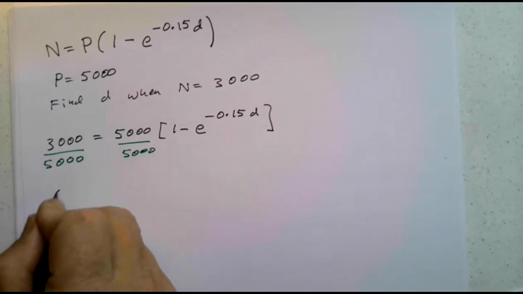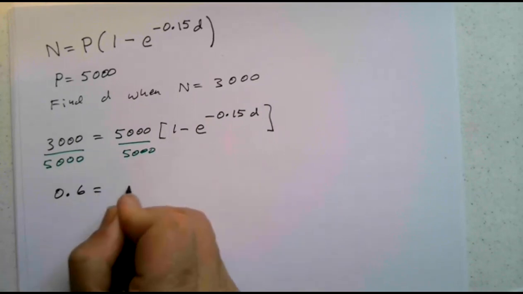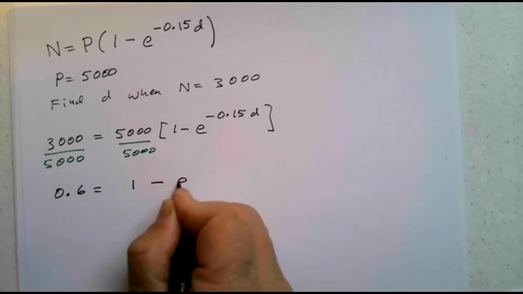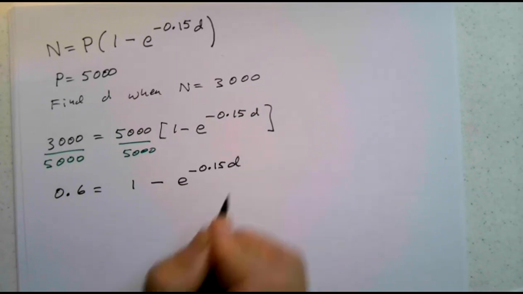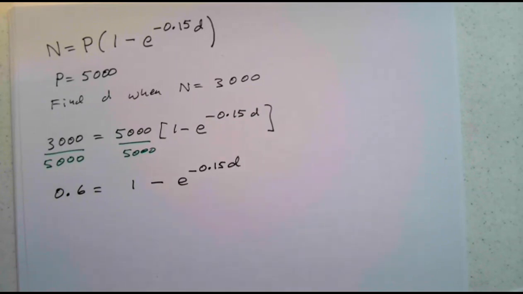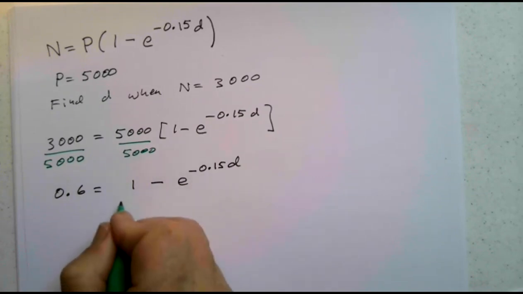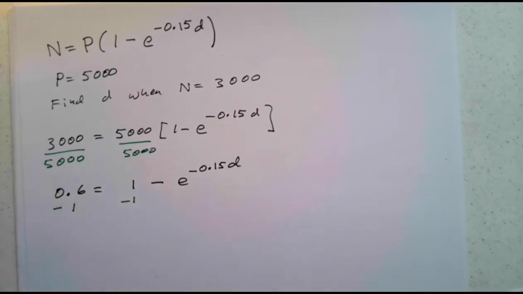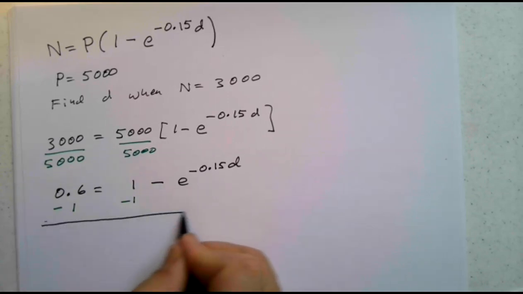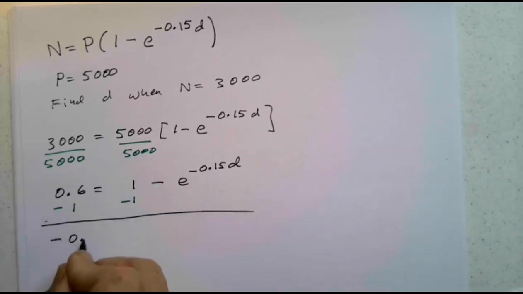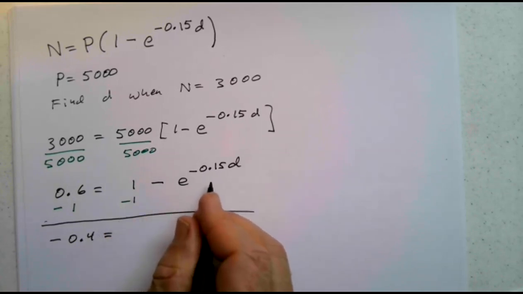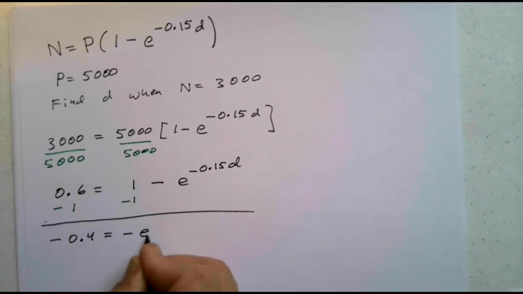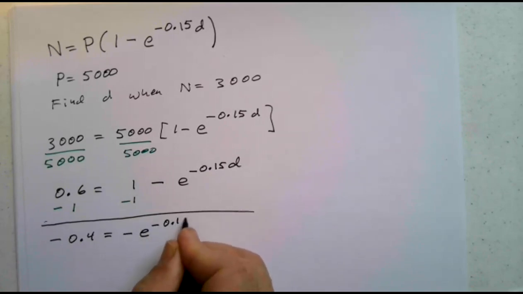Now I have 0.6 is 1 minus e to the negative 0.15d. If I subtract 1 from both sides, 0.6 minus 1 is negative 0.4. 0 minus e to the negative 0.15d is negative e to the negative 0.15d.